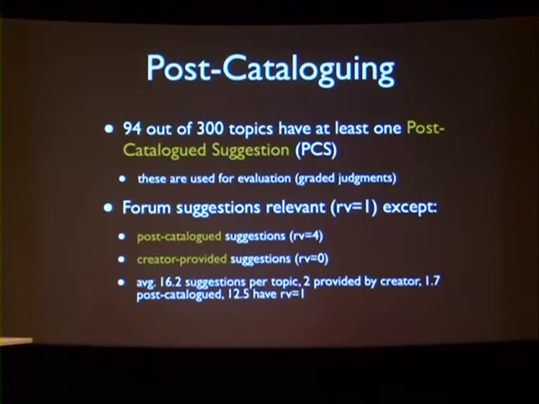At least one of the suggestions was later added to the personal catalog of the person asking the question. And we use a graded measure where the books that people actually followed up and bought and added to their catalog get a higher relevance value for graded measures. Any suggestion we just give one, so there's some relevance. We know that already from the earlier year.